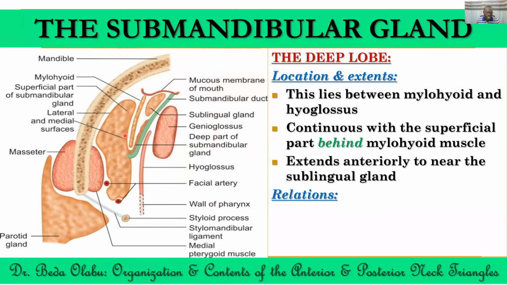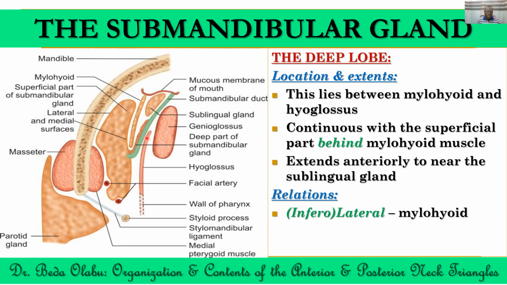Important to note is that the deep lobe continues with the superficial lobe behind the posterior border of mylohyoid muscle, and that this gland is located between mylohyoid muscle laterally and hyoglossus muscle medially. That is important to capture.